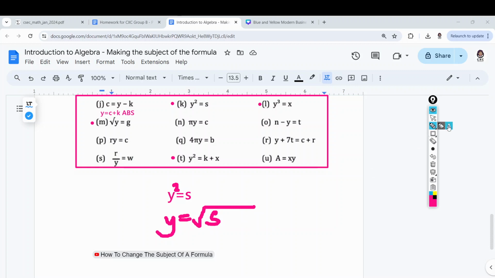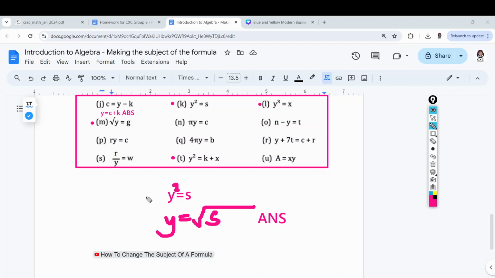And this is the answer, guys. Does that make sense? So y is equal to square root of s should be the answer. And obviously, guys, I don't have the square root symbol right now, so I'm not able to use it. So I would have to draw it in. So the answer for that one is y is equal to the square root of s.